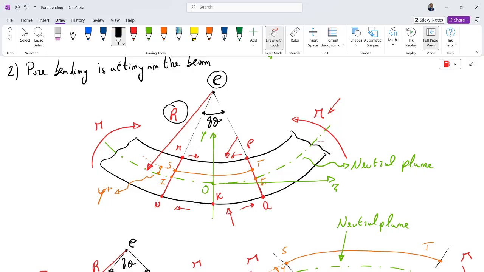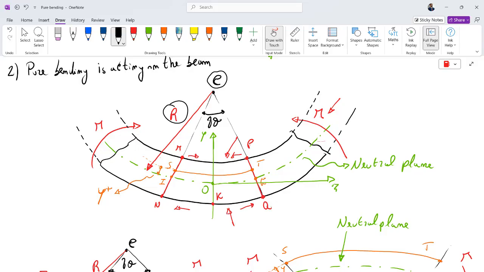The shape of deformation is quite similar to a circular deformation, so R is the radius of this circle that identifies the deformation of the beam. If you continue the drawing of this beam, you can note that it's quite similar to a circular shape.